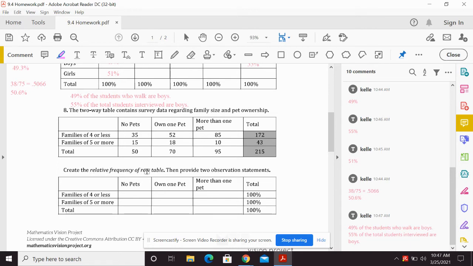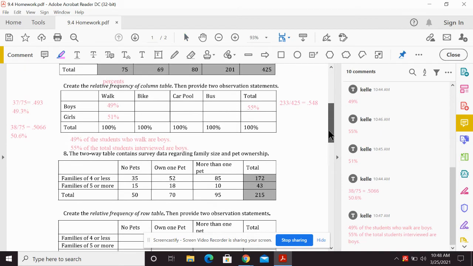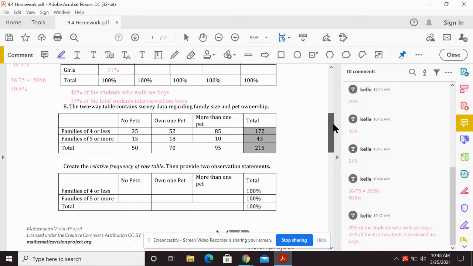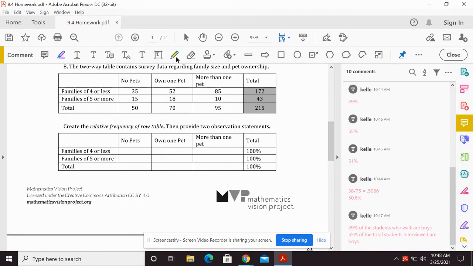Oh, I thought I had my highlighter. Why can't I highlight that? Okay, I give up. So this one was our column. Now we're doing rows. Okay, I'll get you started. So we're looking at rows now.